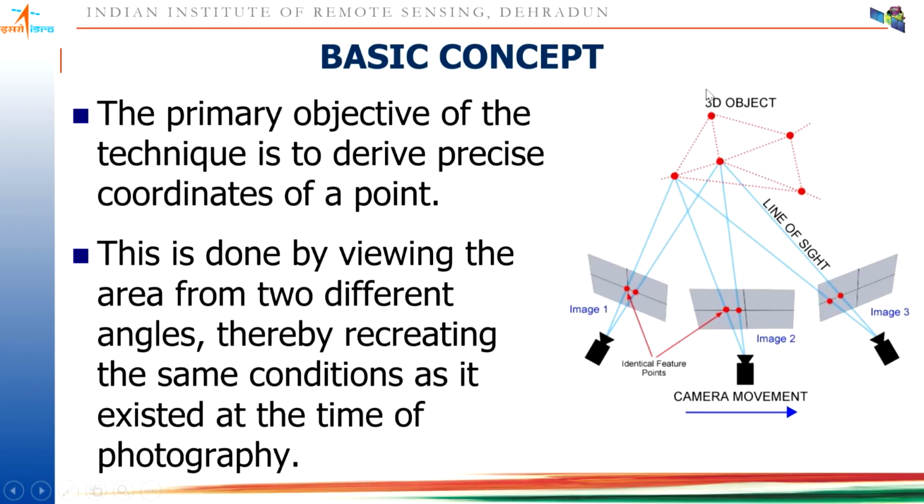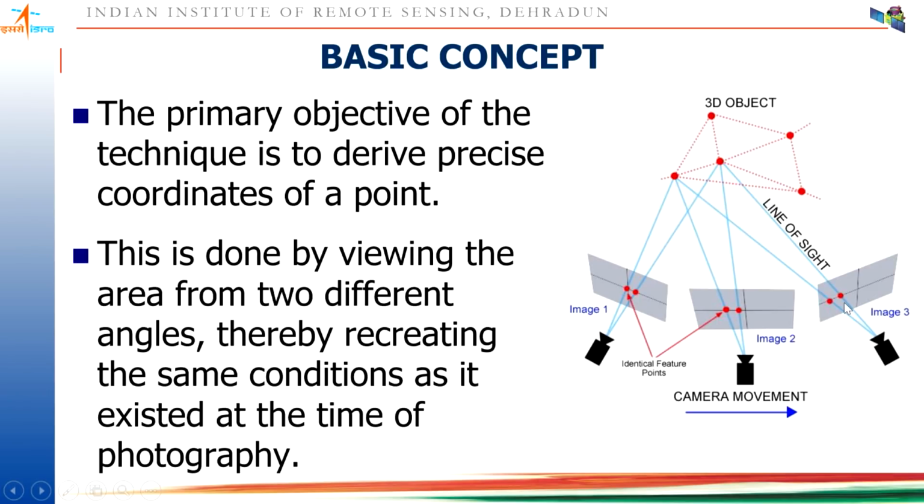The same object, this is our object, is represented here as 2 dots. We are talking only about these 2 dots at this moment. These 2 dots are pictured in photograph 1, the same 2 dots in image 2, and the same 2 dots in image 3.